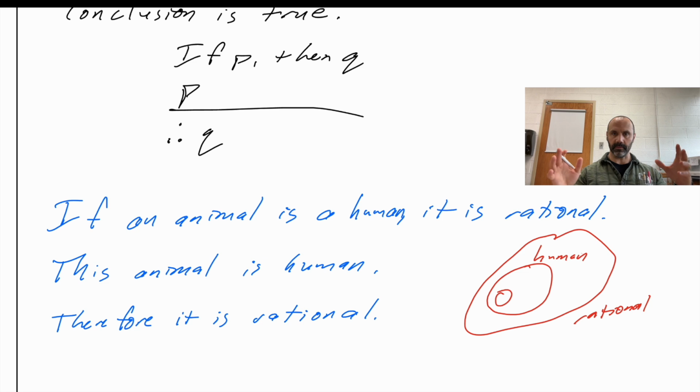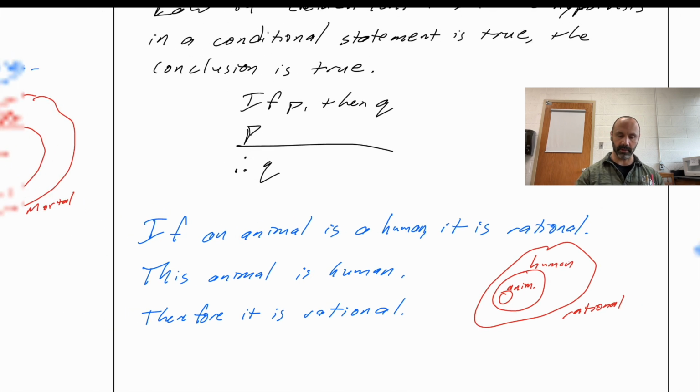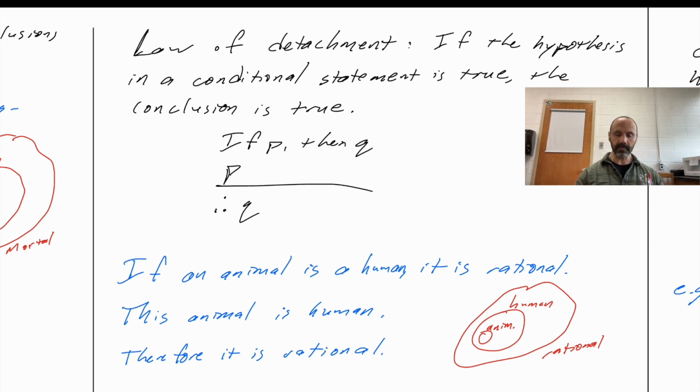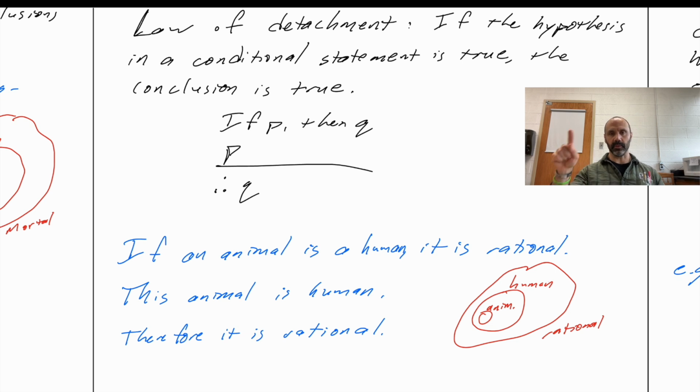So humans are some of the rational things, and then we're saying this animal is human. This animal happens to be in the human category, and therefore it's also in the rational category. That's an example of the law of detachment. If P then Q, P, therefore Q. We're detaching the hypothesis and the conclusion, stating the hypothesis is true, and so we know that the conclusion has to be true.